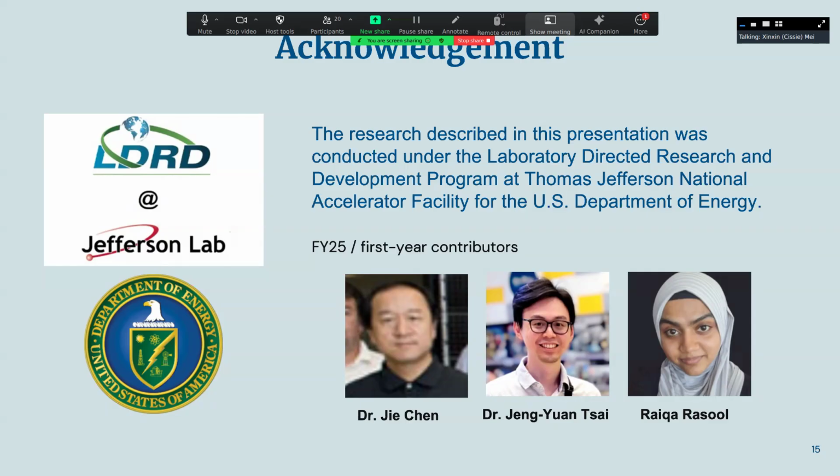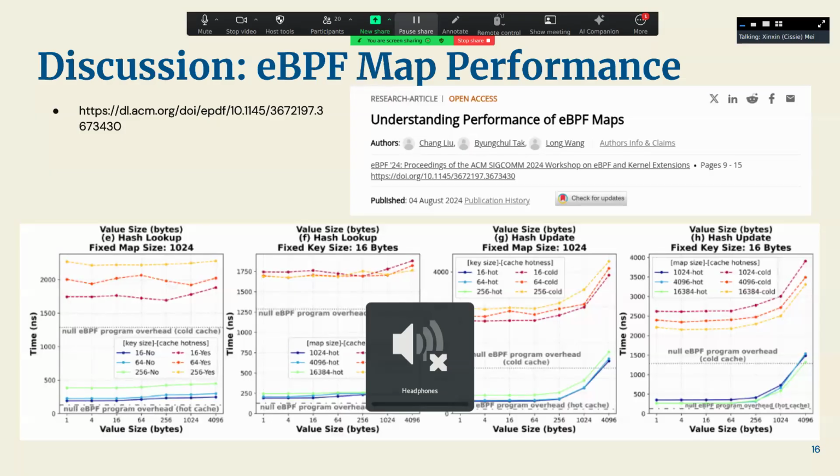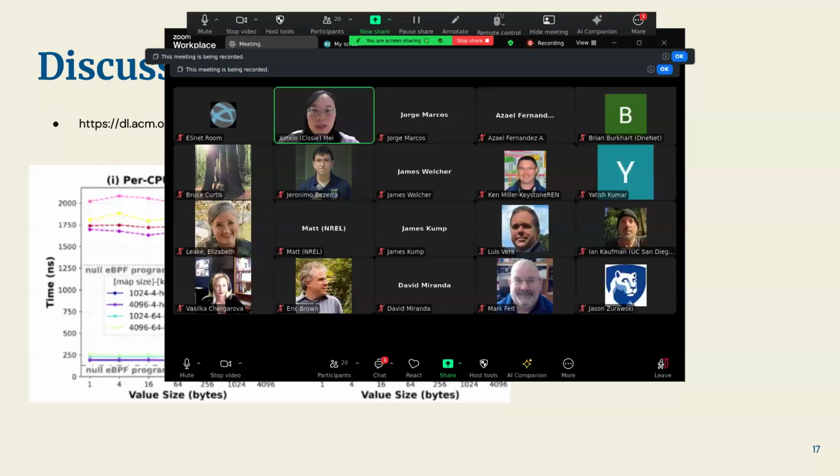I will stop here if anyone wants to discuss the eBPF map performance. Why I use this kind of eBPF map is not because I just saw an eBPF map and decided to use it.